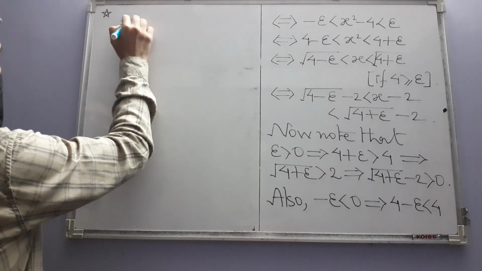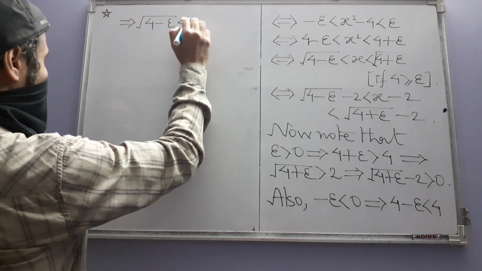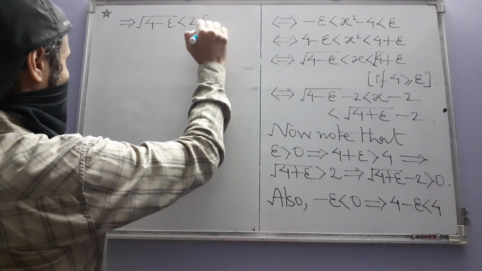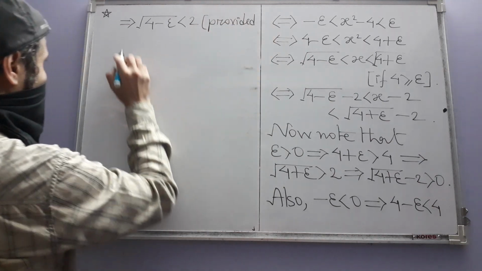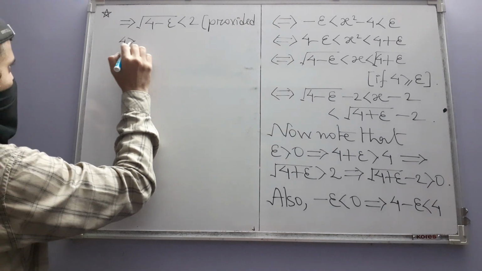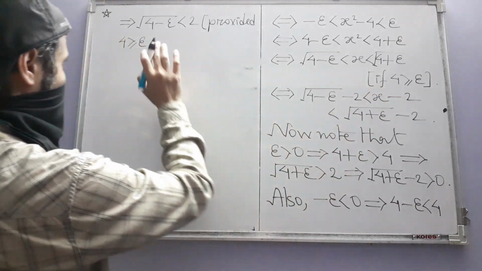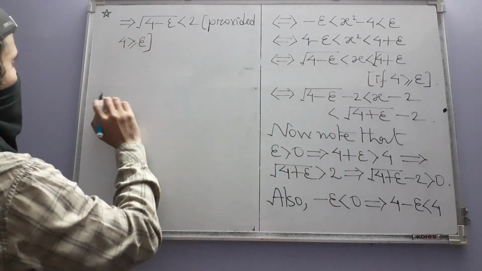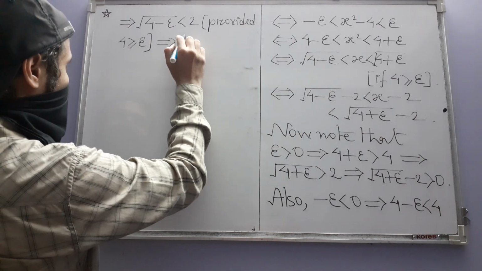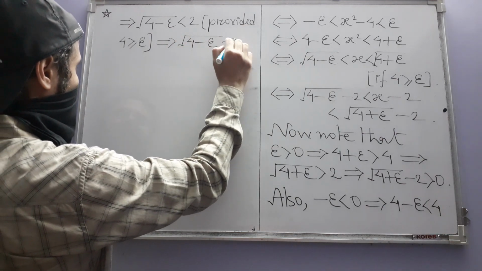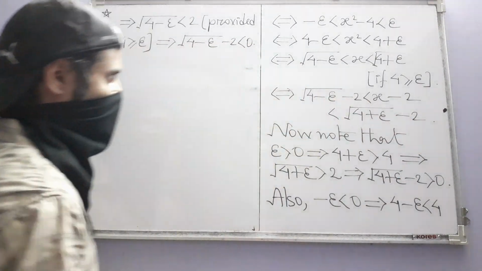This implies square root of 4 minus epsilon is less than 2, provided 4 is greater than or equal to epsilon. Because we have not yet made any such assumption, we have to write this, and that implies this number is negative. So this is positive, but this is negative.